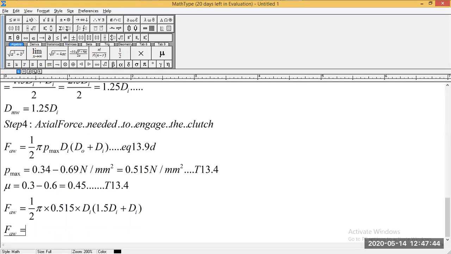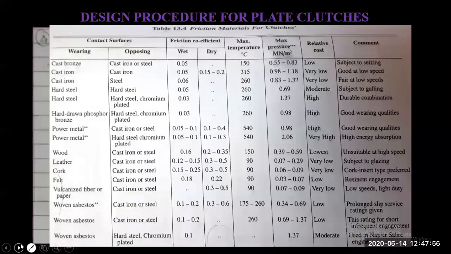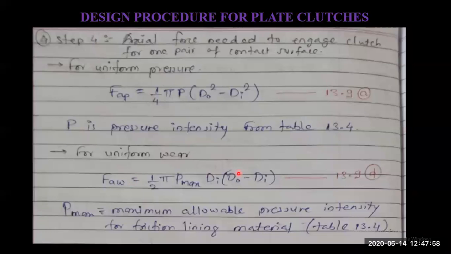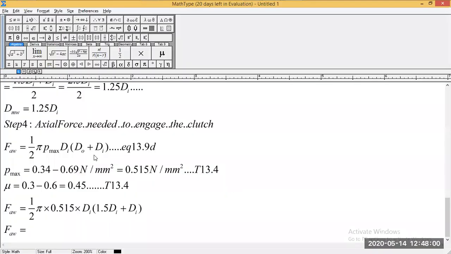So 0.5 into 0.515 into 5 into, there's a minus here, not plus. So this again will amount to 0.5. I get pi into 0.5.